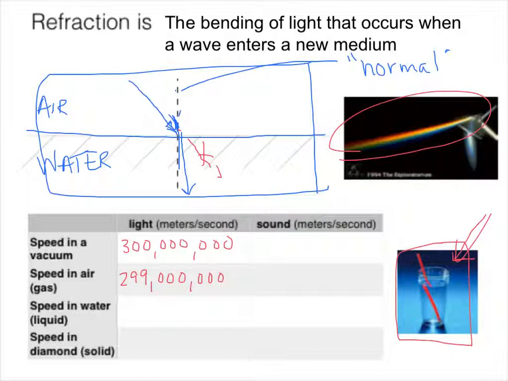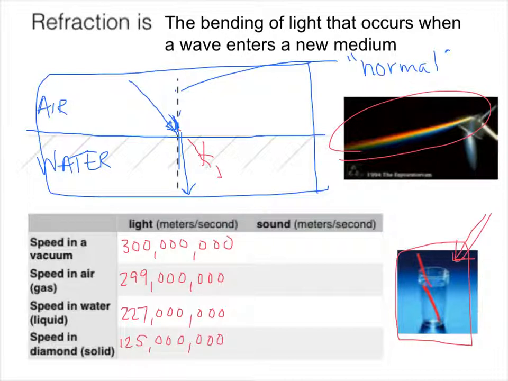In water, now the particles are very close together. The light wave is slowed down considerably by those particles being close together. In water, light travels at about 227 million meters per second. And in diamonds, just so we have a solid that we consider, light travels through a solid like diamond at 125 million meters per second.